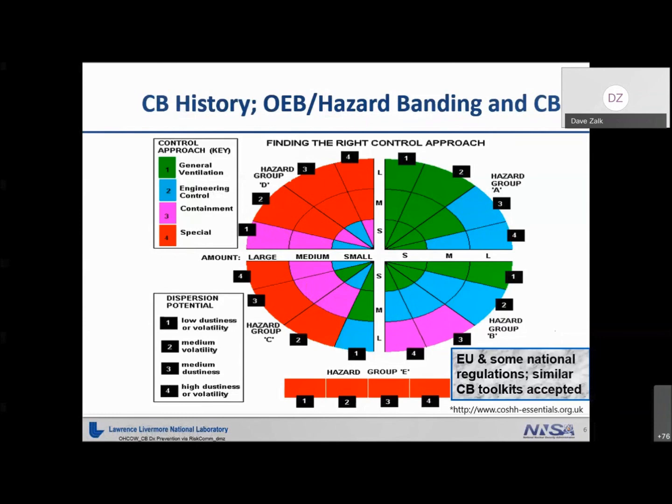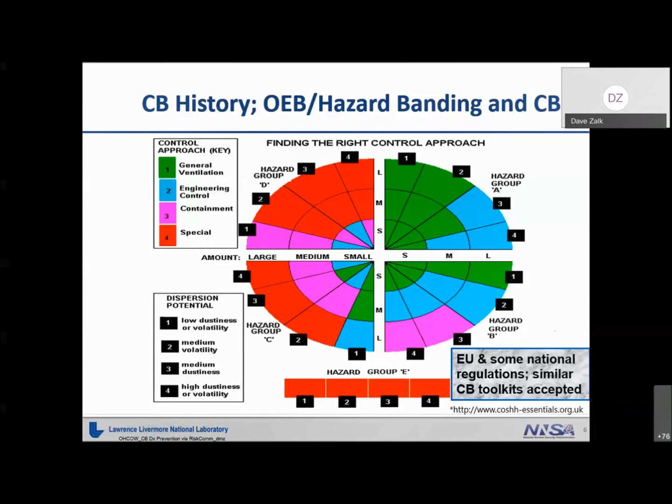Because as the UK found out with COSHH Essentials very quickly, you can make that requirement for everyone in all workplaces, that the chemical risk assessment is required. But if you don't have the availability or the money to hire occupational hygienists to fulfill that assessment, then what do you do? So they came up with the qualitative method of control banding that became the COSHH Essentials, and that is how they built control banding into their regulatory system.